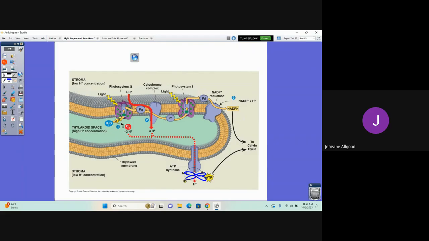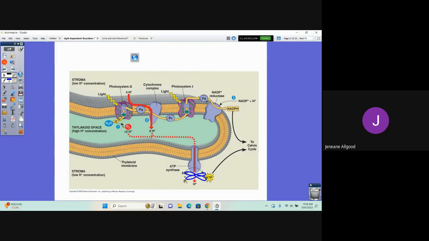And then once that H plus concentration is large enough in the thylakoid space, the gate on this ATP synthase channel protein will open and H pluses will rush through. As they rush through, they cause this little turbine part at the bottom to spin, and that provides enough energy to add a phosphate group onto ADP to make ATP.